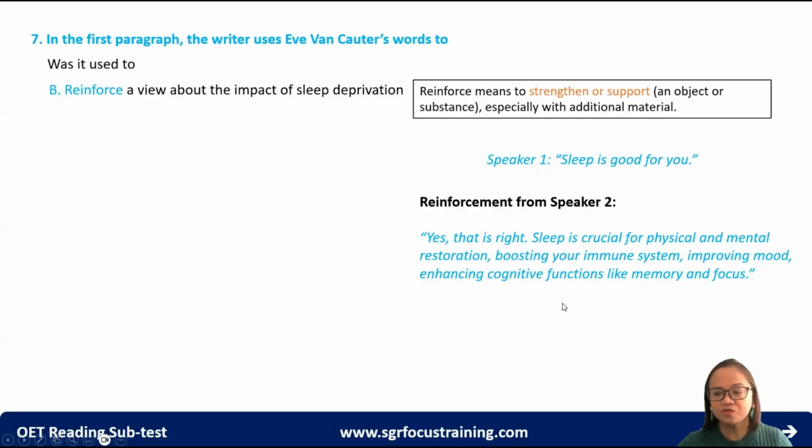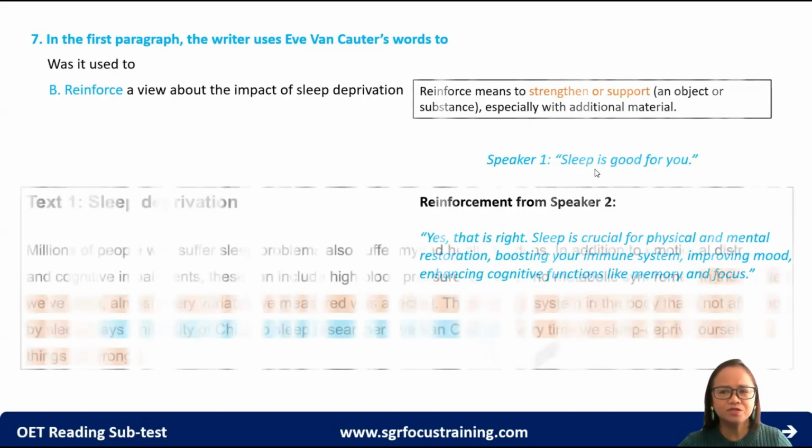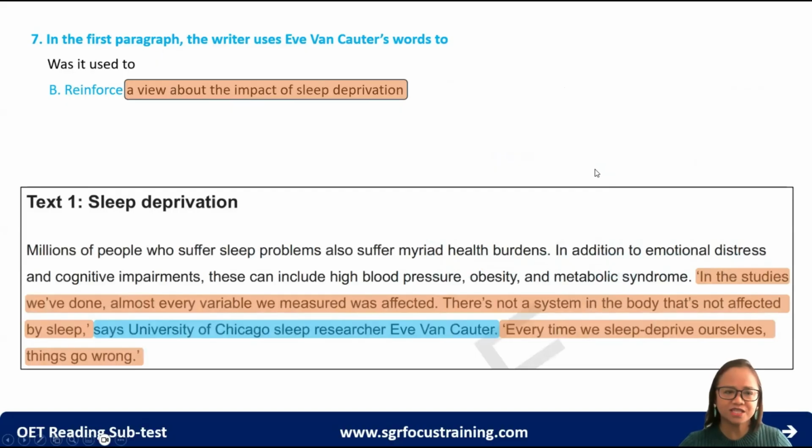It boosts your immune system, it improves your mood, and it enhances functions such as memory and focus. So by giving us examples or further explanation, speaker number two is reinforcing the opinion of speaker number one. So we're going to use that very same strategy in order to see whether letter B is the right answer.